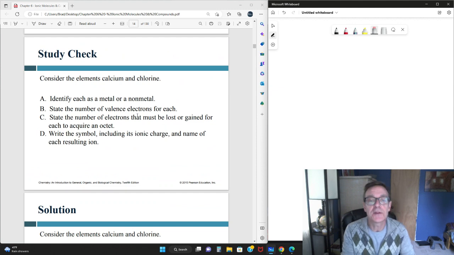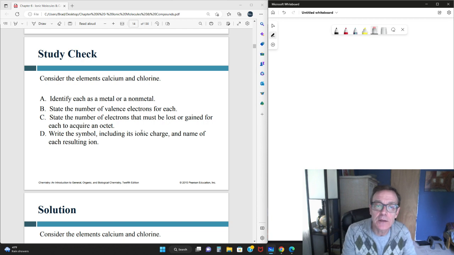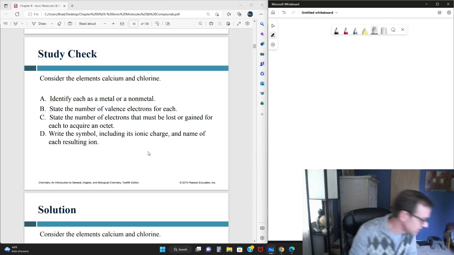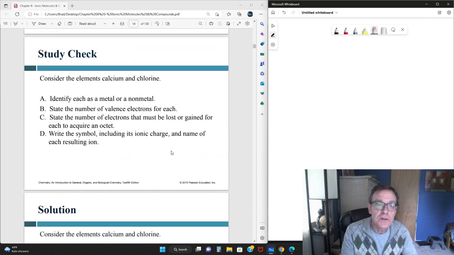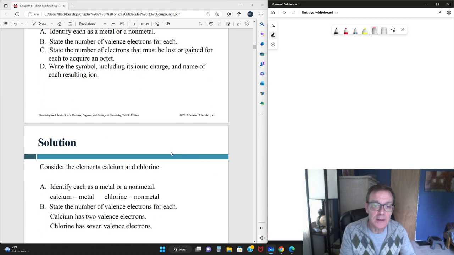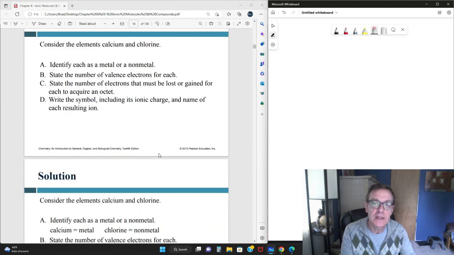Valence electrons, just look at the group they're in, and it will tell you the number of valence electrons if you don't know that off the top of your head. And you're allowed to use that on your tests and quizzes. Okay. So two valence electrons and 7 valence electrons, group 2A and group 7A, respectively.